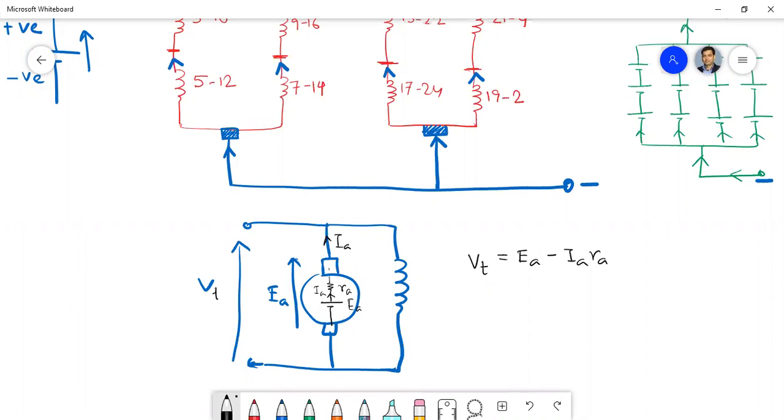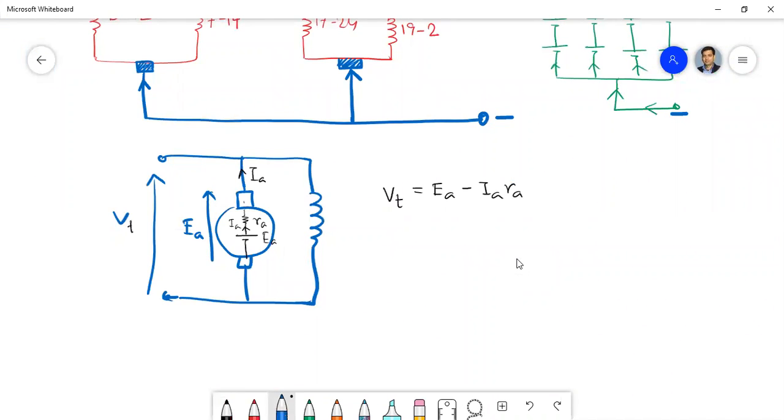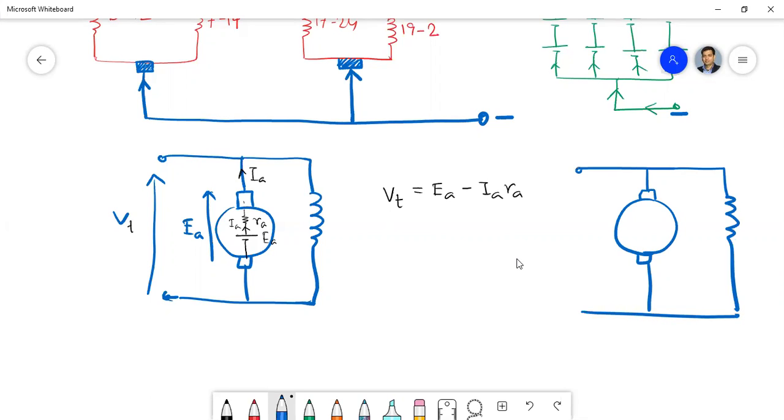Now the same thing is applicable for a motor also. What is the difference? The difference is the current direction. So in the case of a motor, this EA will also be there and RA will be there.